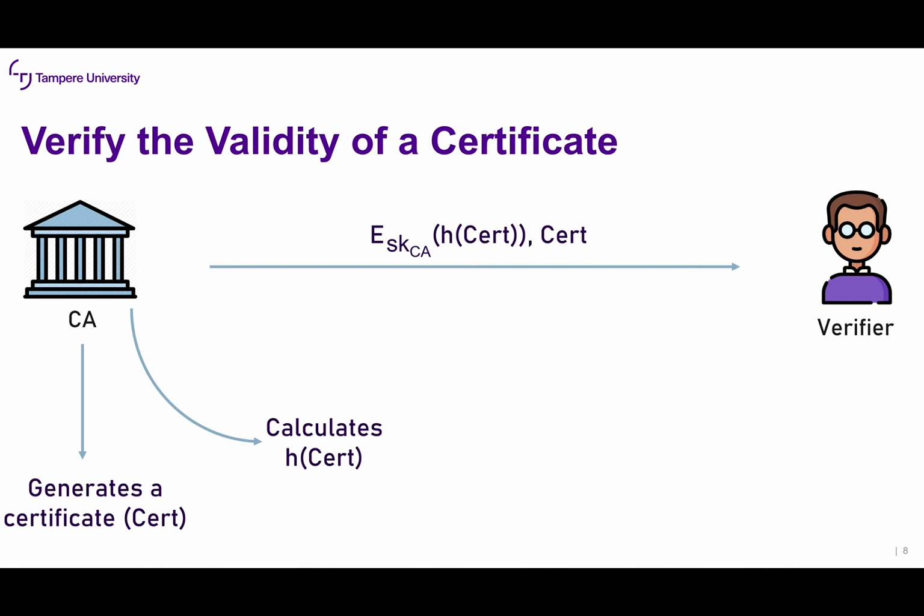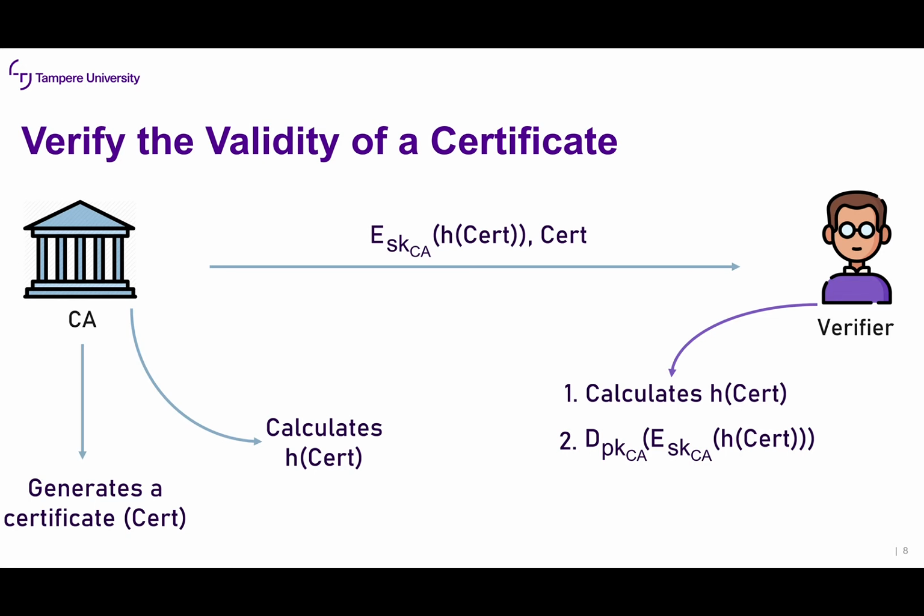Upon reception, the verifier, first of all, gets the certificate, calculates the hash of the certificate, then uses the CA's public key, PK of CA, to verify, to decrypt basically the first part of the message, and then verifies that the two hashes are equal. So if the two hashes are equal, then it means that the message was received properly and the certificate is valid.